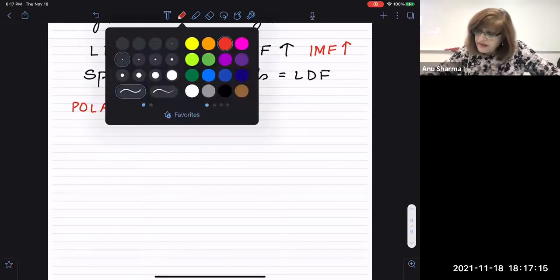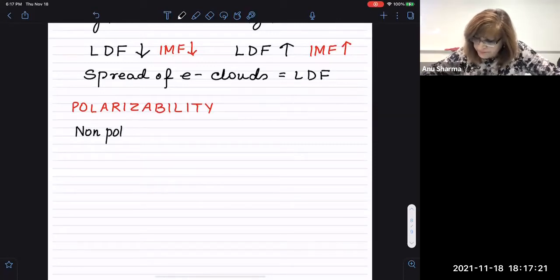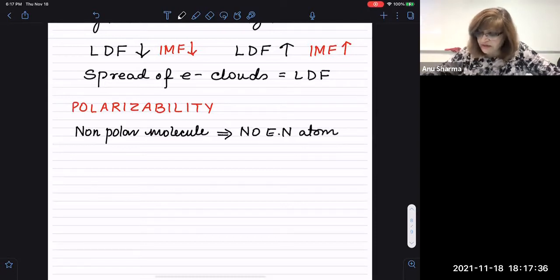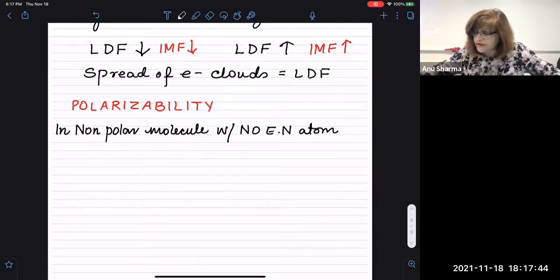Even in non-polar molecules, those are molecules in which either the charges are canceling out, or especially where there are no electronegative atoms. So in non-polar molecules with no electronegative atoms, what's the story here?